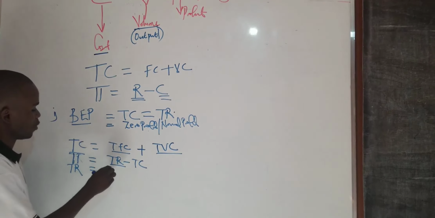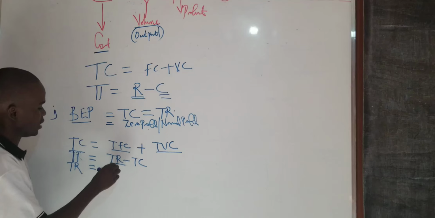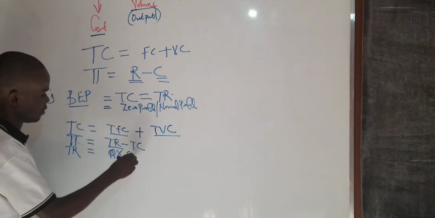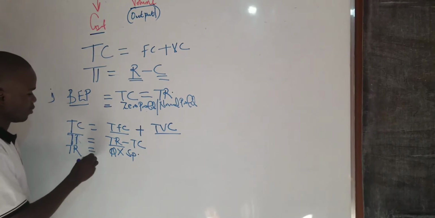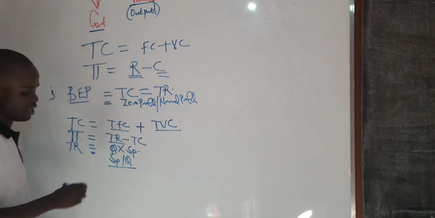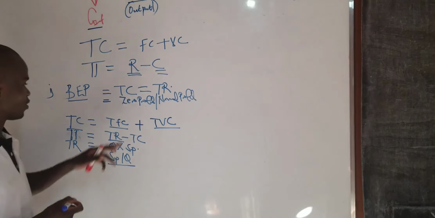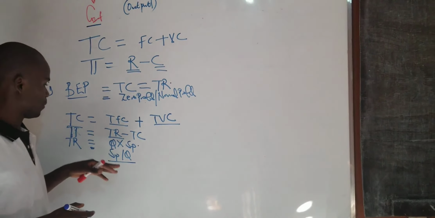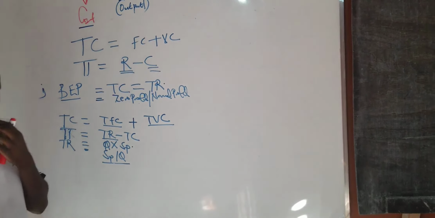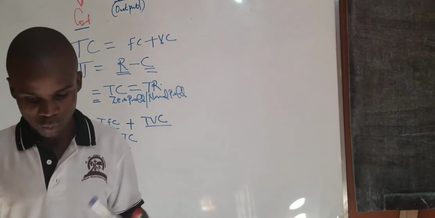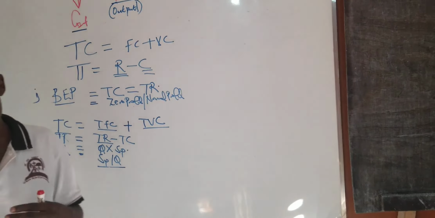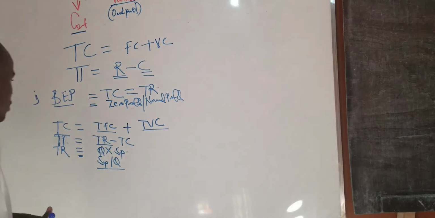You always get it from the price per unit, which is the selling price, times the quantity. So this is how we get the revenue function, the total cost function, and the profit. SP stands for the selling price. We now know the relationship.